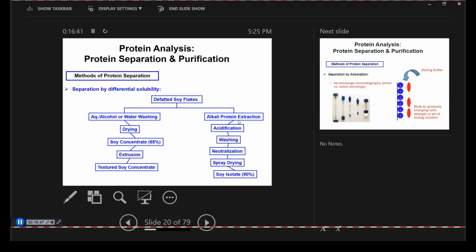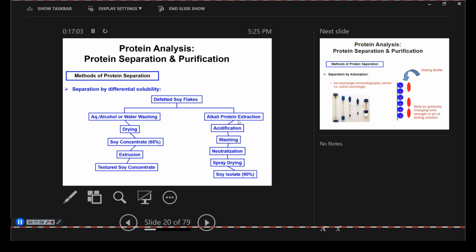Okay. So here's an example of use of differential solubility to isolate actual ingredients. We talked about the pea protein example, but here in this example I have soy flakes. In soy it's different than pea because you have fat.